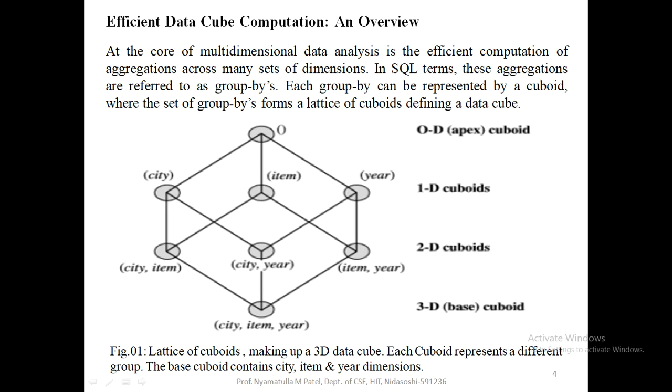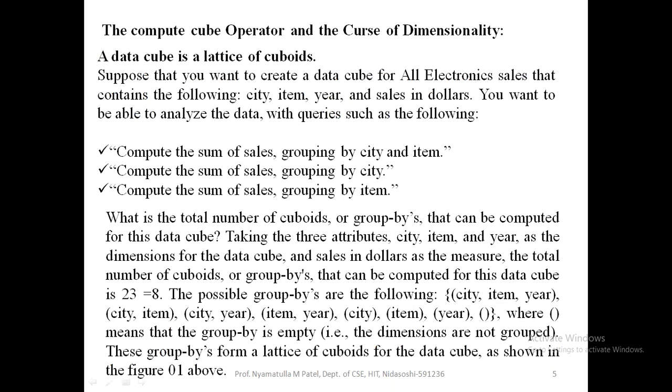So, when we put a query with the compute cube operator, it will compute aggregates over all the subsets of dimensions in the operation. This can require excess storage space, especially for a large number of dimensions. We start with an initial look at what is involved in the efficient computation of a data cube.